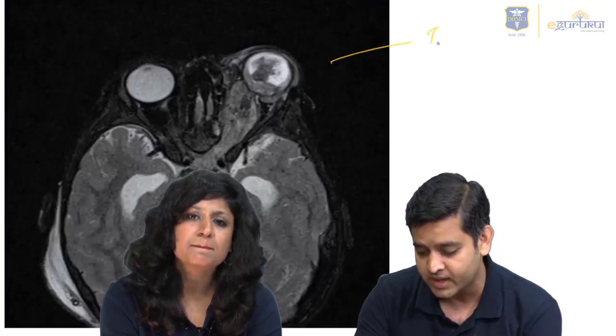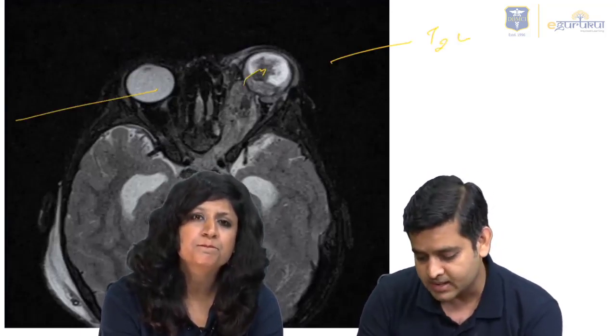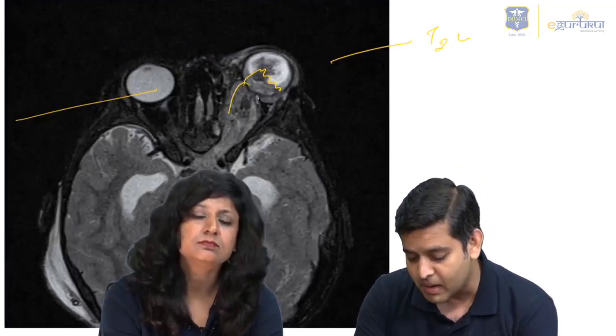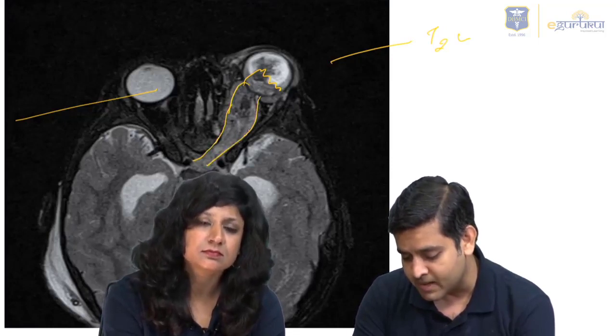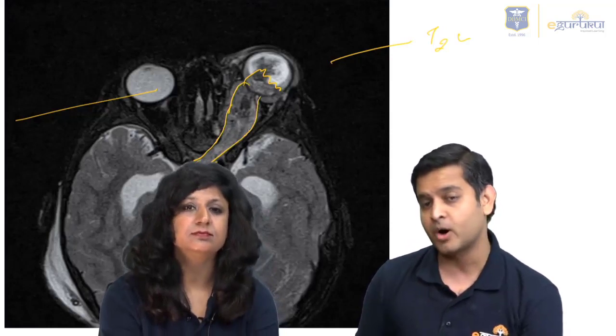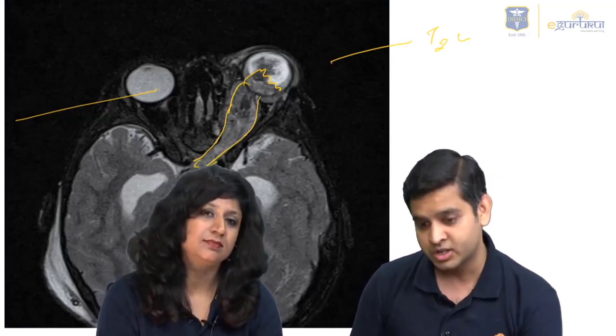This is a T2 weighted MRI. As you can see, the vitreous is appearing so white. You can see a mass going into the intraocular globe, and you can see the bulky optic nerve going up to the orbital apex as well as right up to the optic chiasma. So that's the complete extent of the retinoblastoma, which is very well appreciated on this particular scan.